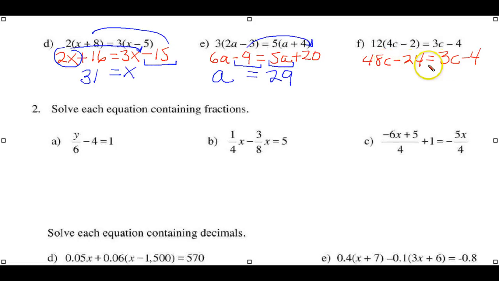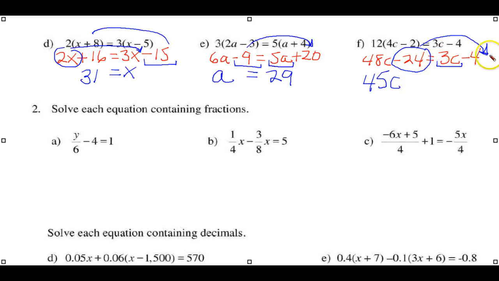Now here, as we look at what we have, we're going to transpose this to the other side where it becomes a negative 3c. So this is going to be 45c. Now we're going to transpose this to the other side where it becomes a positive 24.